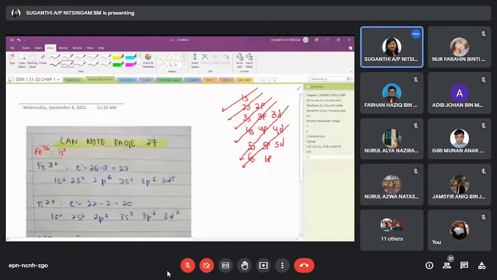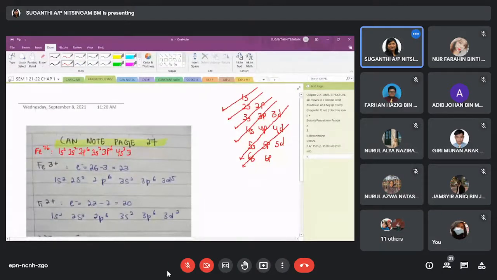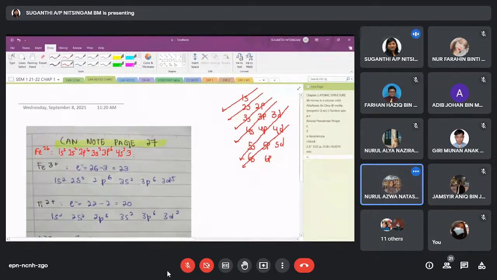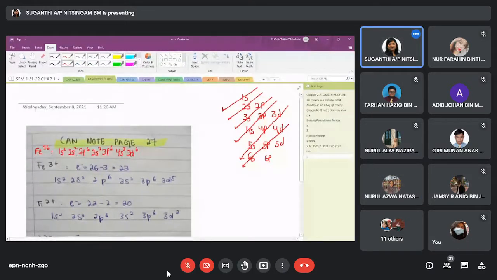So for 26: 1s2, 2s2, 2p6, 3s2, 3p6, 4s2, 3d how many? 3d6. 10, 20, 26.